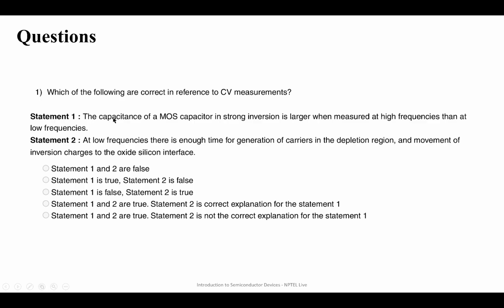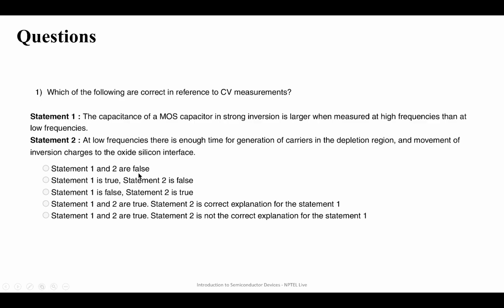Statement 1: the capacitance of a MOS capacitor in strong inversion is larger when measured at high frequencies than at low frequencies. Statement 2: at low frequencies, there is enough time for generation of carriers in the depletion region and movement of inversion charges to the oxide silicon interface.